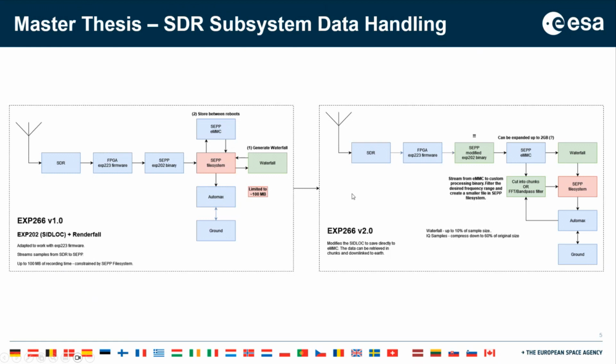So this comes to the idea of version 2.0 of this setup. It's modifying the binary from SIDLOG to record straight to the eMMC, which turned out to be quite easy because it's in the Linux file system, and any device connected to it is just a file, and we can write to that file in binary.